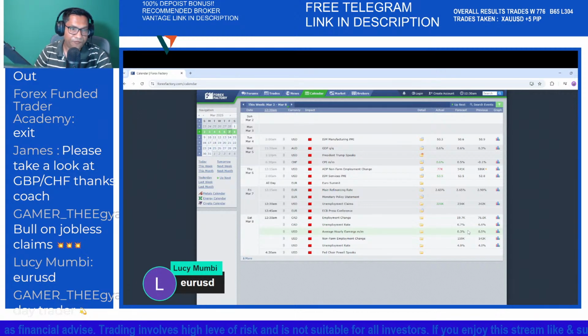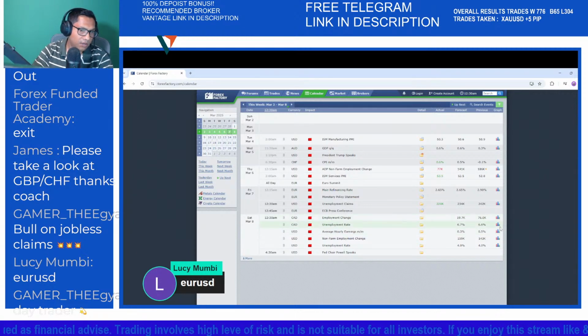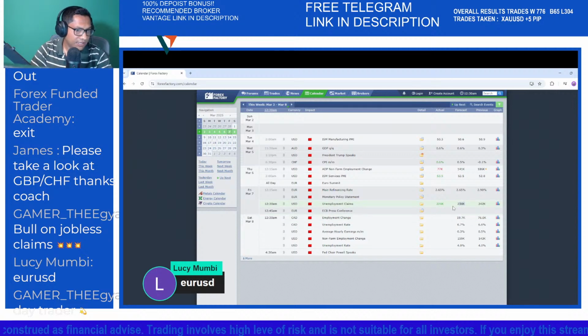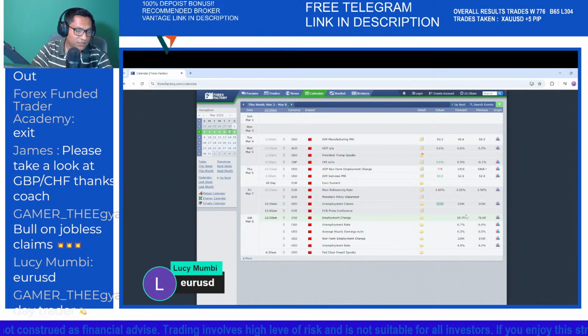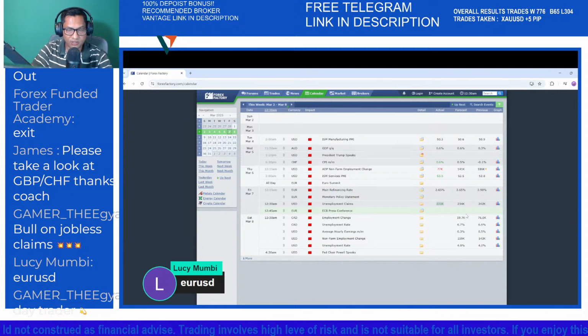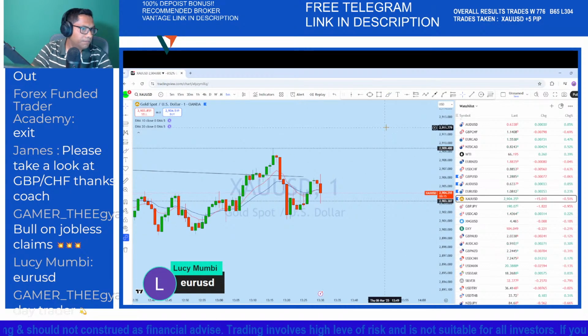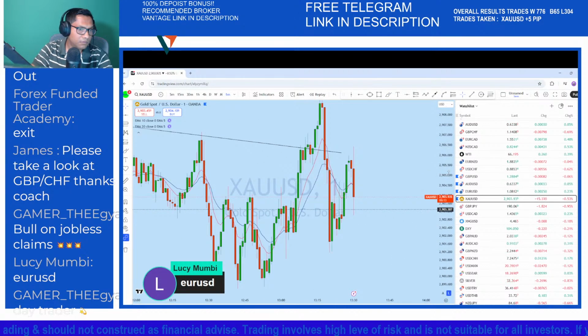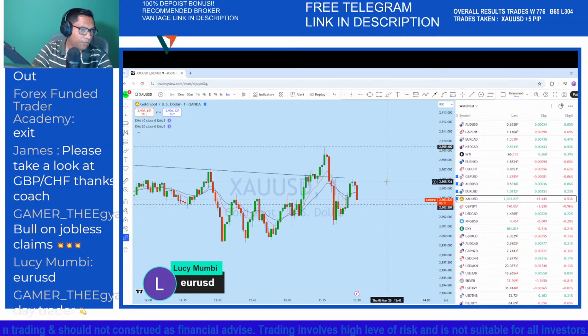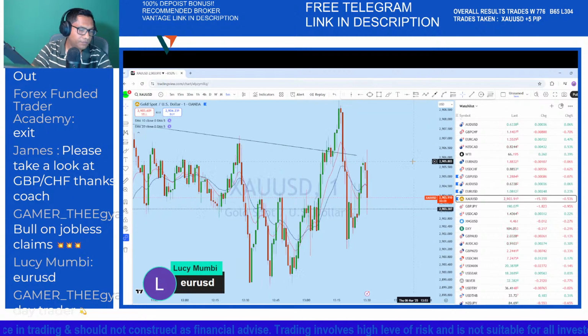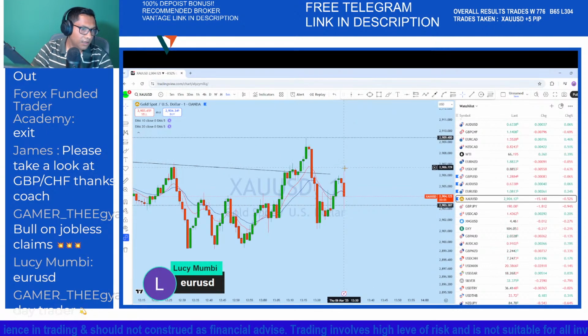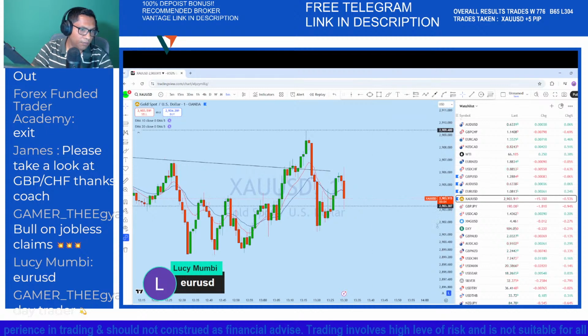Forecast was 234, and it's now 221k, which is nearing a very good outcome here. Now you can see that from that resistance here, it started to break below.